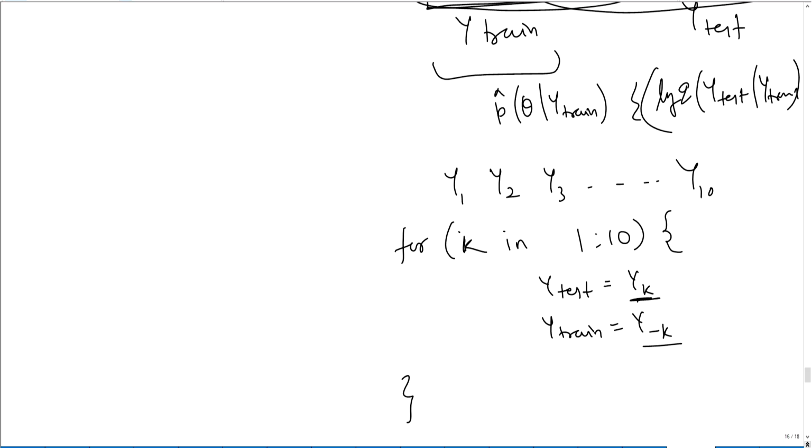You keep doing this for 10 iterations. So every time your test data is changing and your training data is changing.